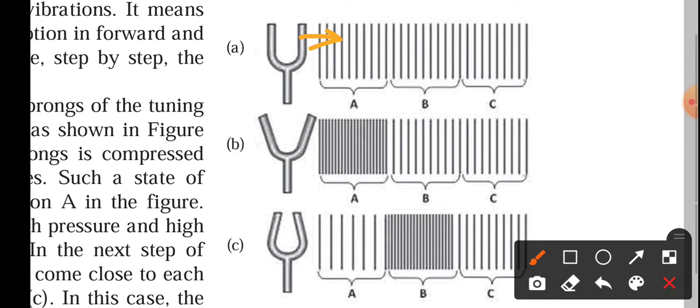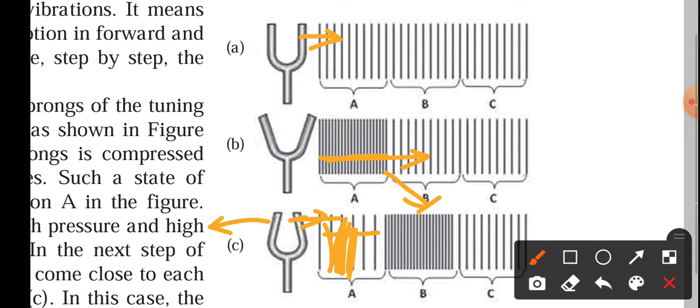And then what will happen? These air columns will come closer to each other, and when it goes inside, it will be relaxed, and this portion will get forward further and reach this position, and this will go on continuously. Again it will go outside, again it will produce columns which are very close to each other.